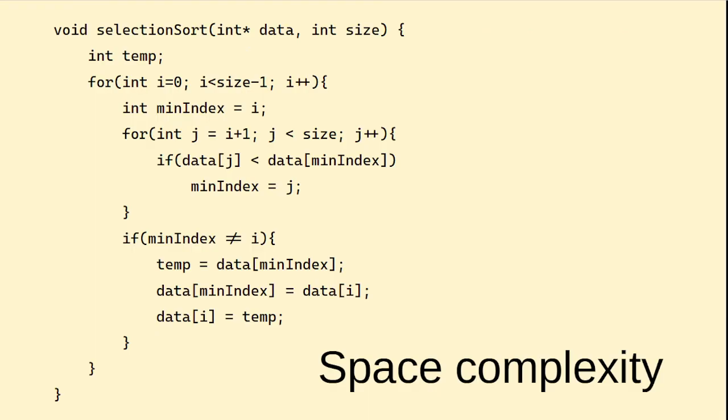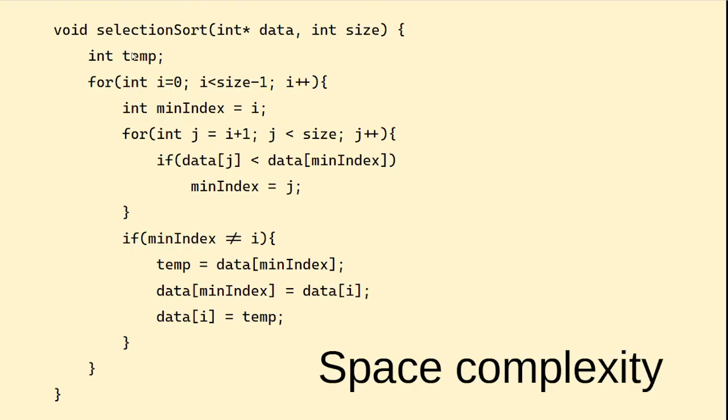Talking about space complexity for the selection sort algorithm, this is the code where the code is placed inside a function. From this function we can see that the algorithm merely requires local memory space, which is the extra memory space required by the function to perform the sorting tasks.